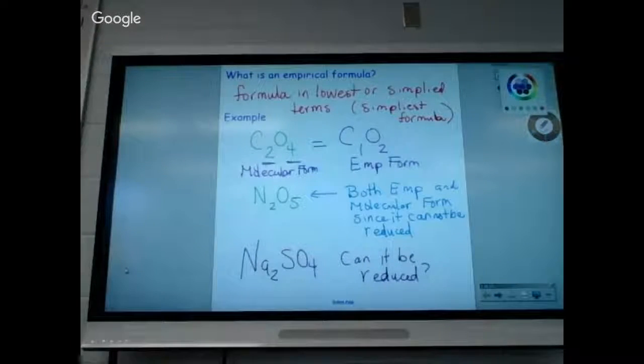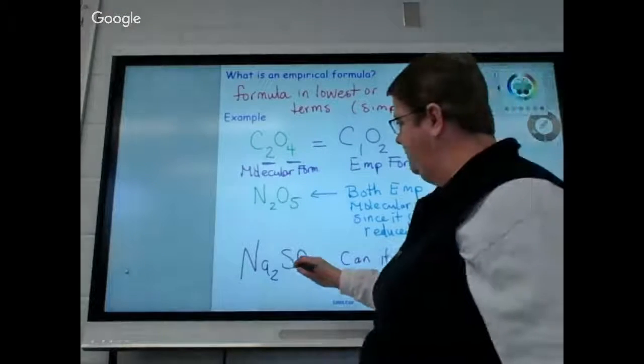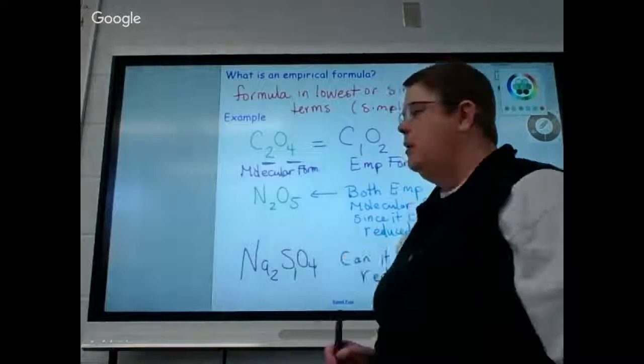Can it be reduced? No. Why? Hyro says no, and he said S has a 1, which is exactly the right answer. That S has a 1 right there.